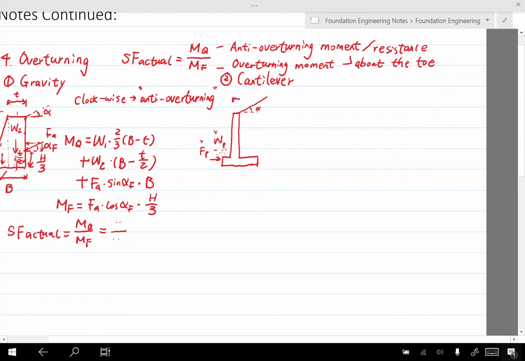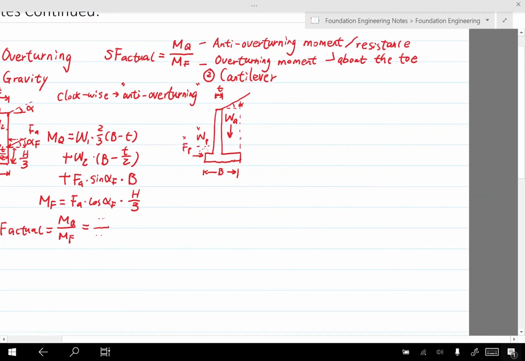We have T here and B here, and we have the weight of the active zone WA. Then we have FA, and this point is 1/3 of H prime from the bottom of the wall.